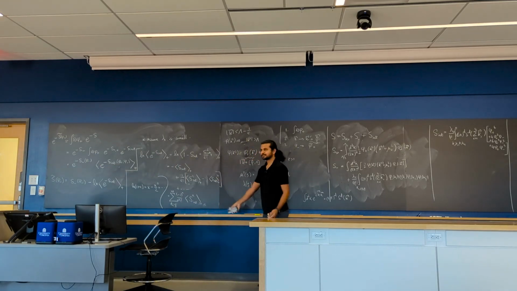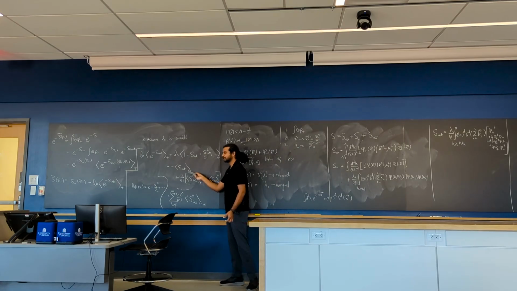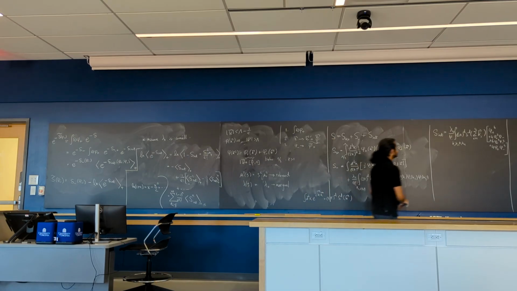So what this cumulant expansion gives us is the machinery of Feynman diagrams. Notice that this expectation value is with respect to the plus field, but S int has plus and minus mixed, and the minus will never take part in this expectation value.